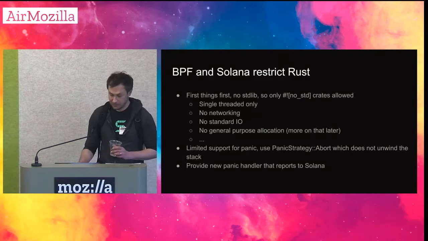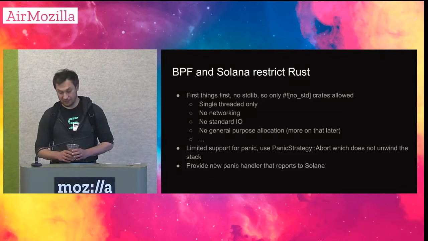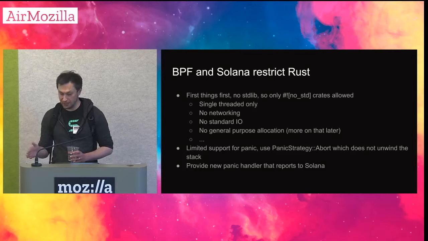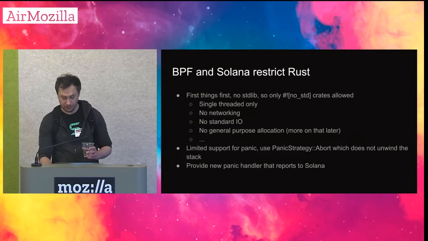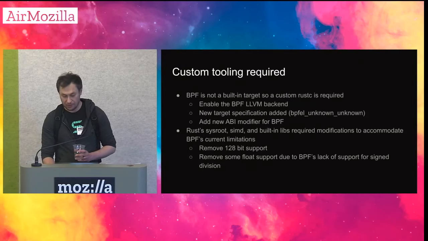So if you take Rust code, no standard lib, so no std crates allowed, single-threaded, with all these restrictions, you can compile it to BPF. After you do all these other things.